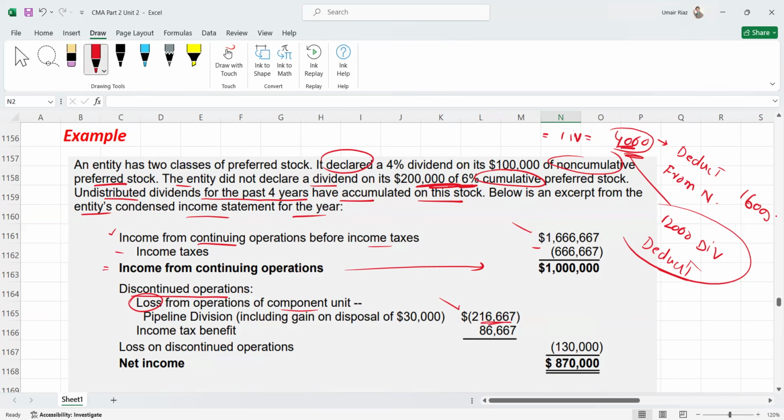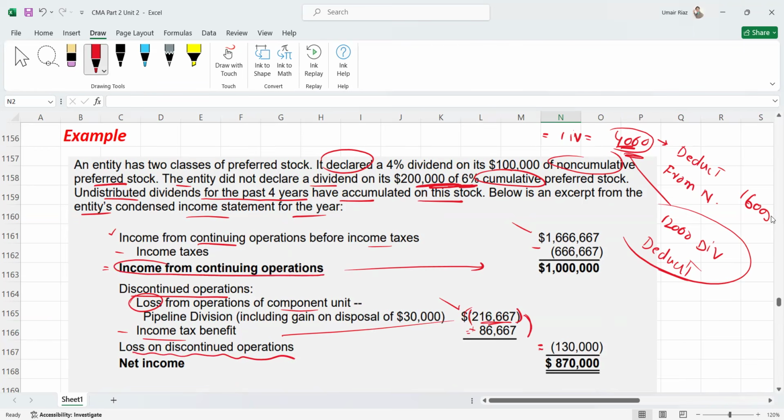Because this is a loss, it is always written negative. So we will take here the income tax benefit, because on loss we will have a tax saving. Let's assume a rate of tax is there, so we'll multiply by the rate of tax and you will get this tax saving. The loss is negative and the tax saving is positive, so the net amount is 130,000. This is called loss on discontinued operation. Now what we will do?